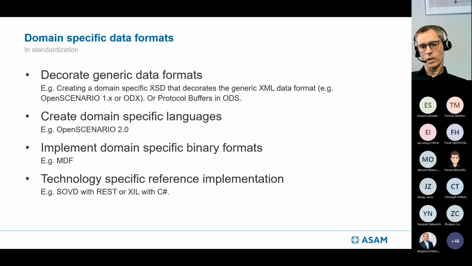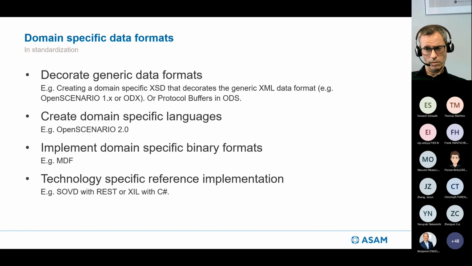And sometimes we have technology-specific reference implementations, which probably use REST or C# or other technology-specific implementations to represent the domain objects. Yeah, these four.